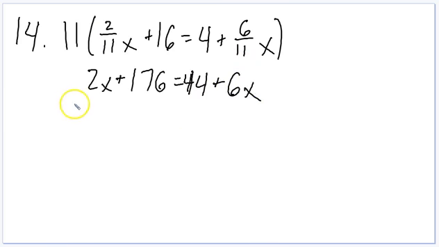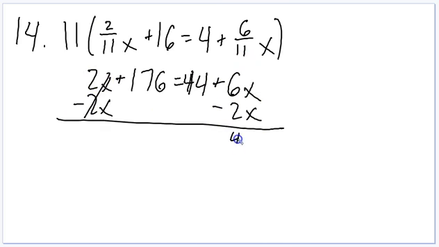So I'm going to move this 2x over here. Keep my variable positive. That's gone. I get 4x. I get 176 equals 44 plus 4x. Now I'm going to subtract this 44.